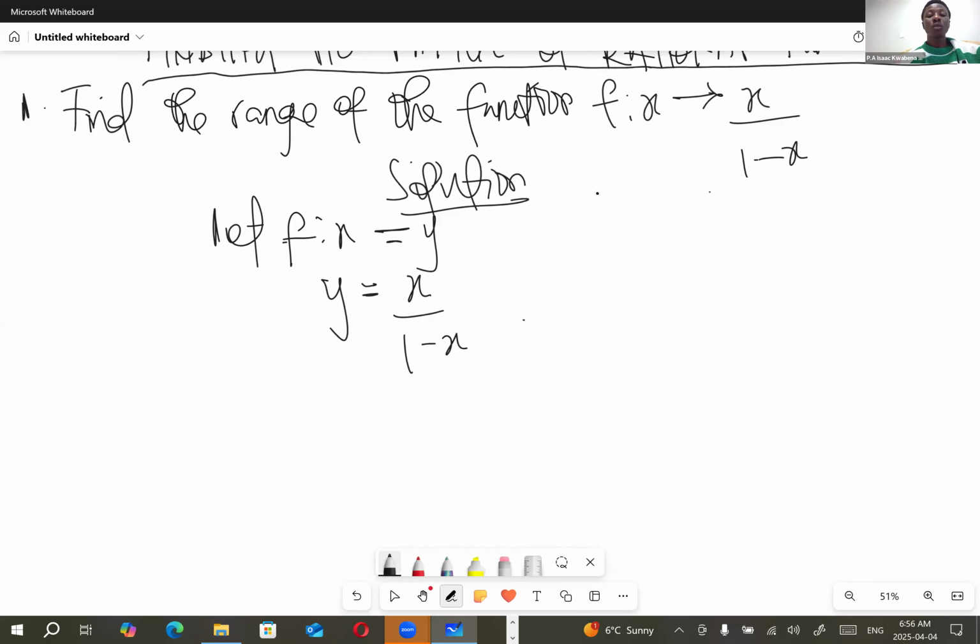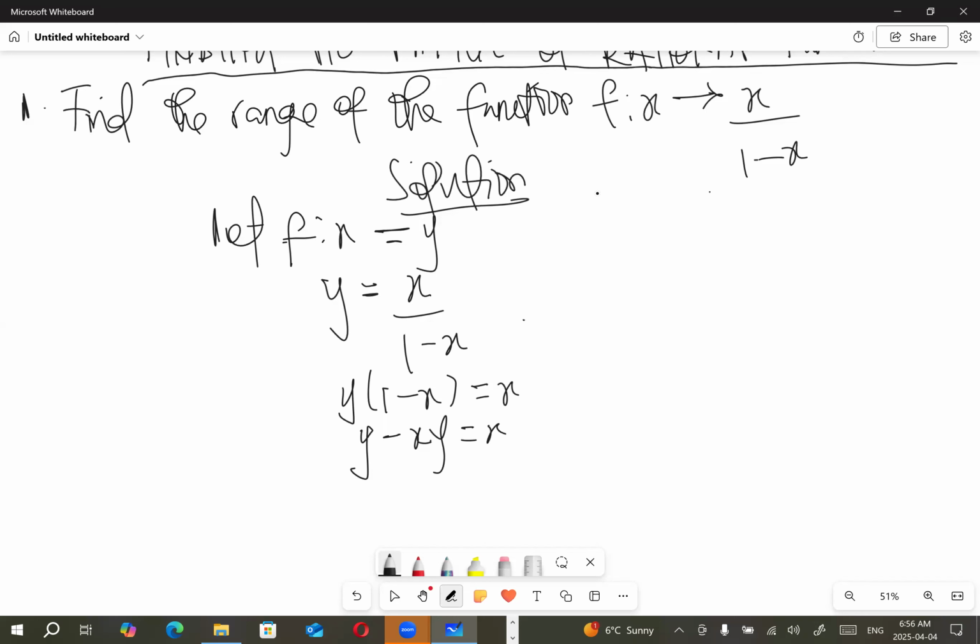1 minus x, equals what? We are still making x the subject. Let's expand: y minus xy equals x.